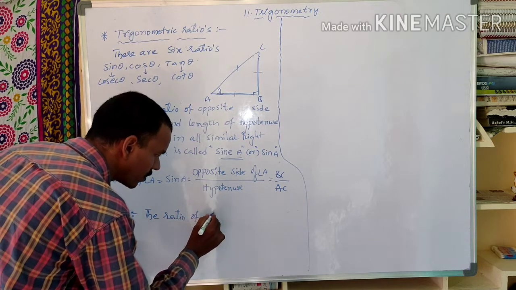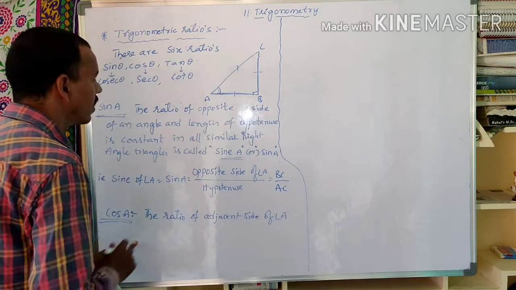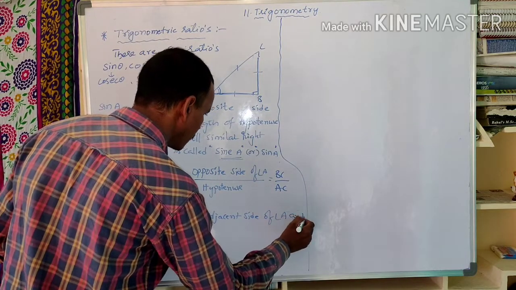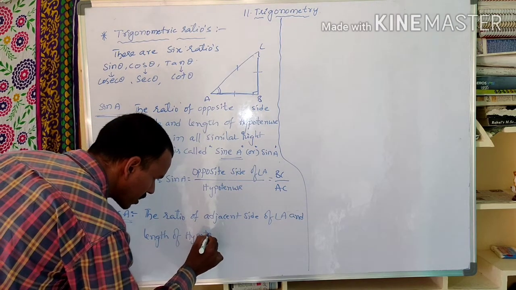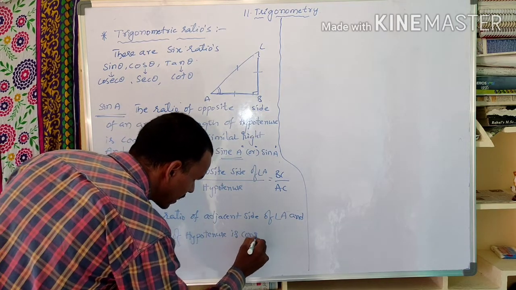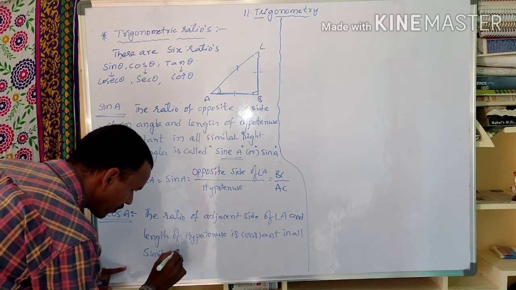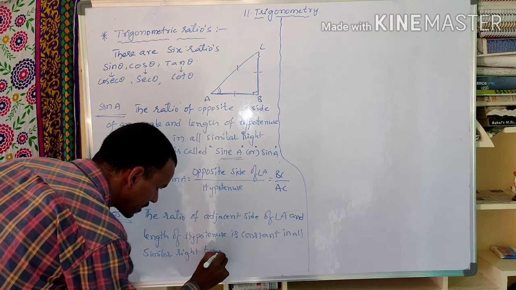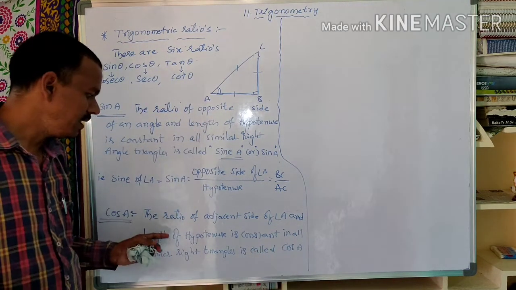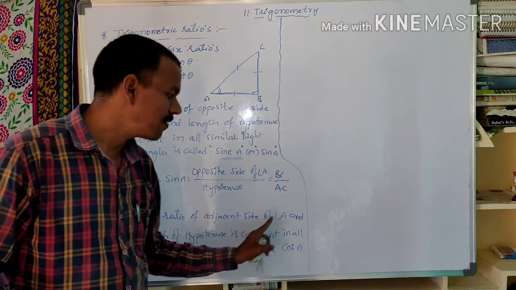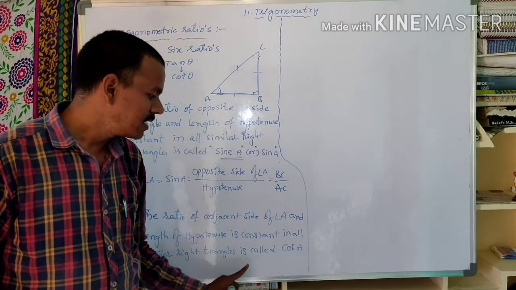The ratio of the adjacent side of angle A and the length of the hypotenuse is constant in all similar right angle triangles. It is called cos A.